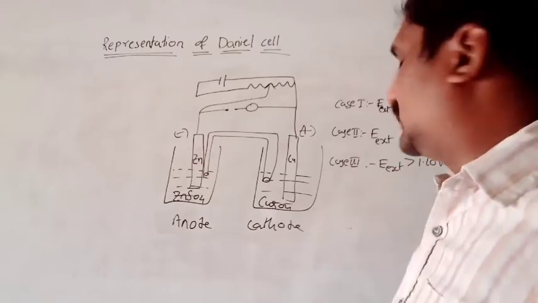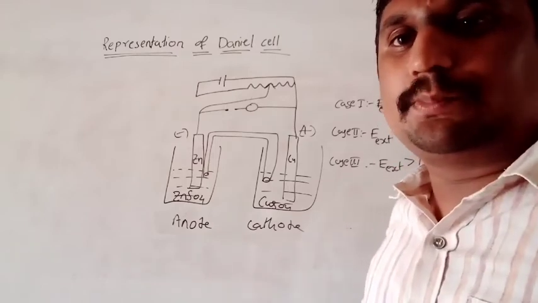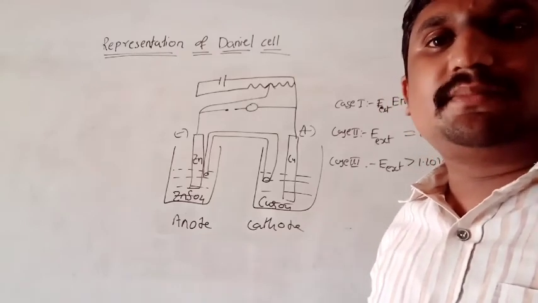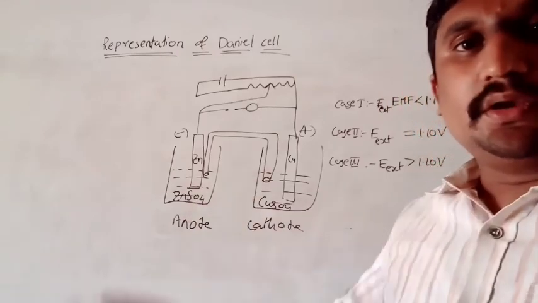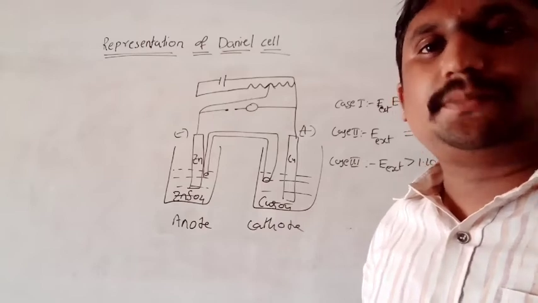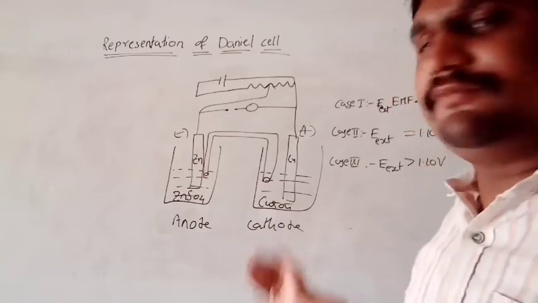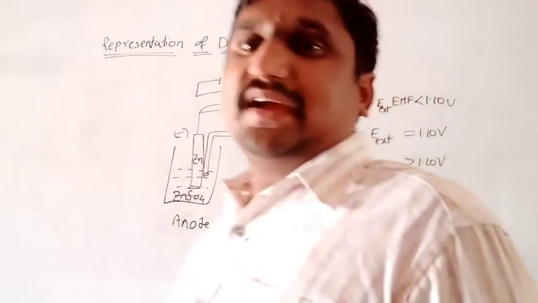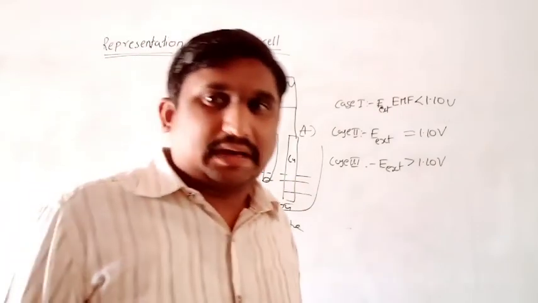And case 3 is external EMF greater than 1.10. If external EMF is greater than 1.10, now the cell will behave in an opposite manner. Instead of behaving like an electrochemical cell, it will behave as an electrolytic cell.